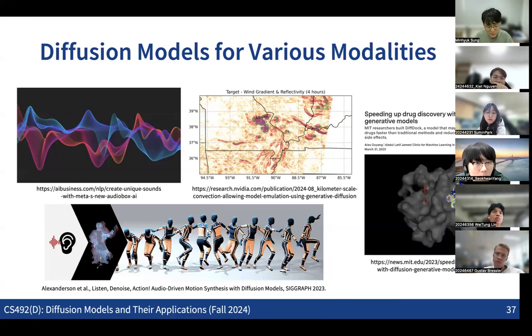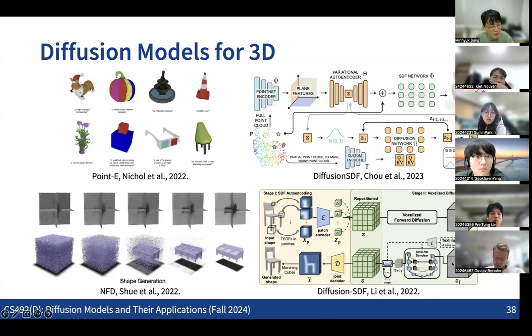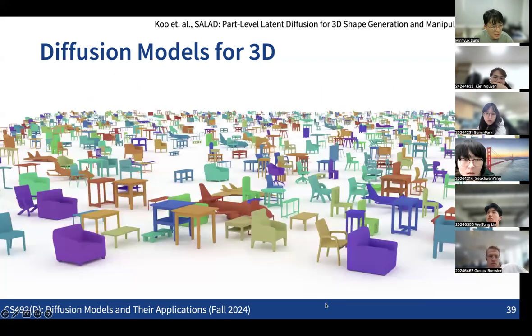What we are going to see for today is some examples of 3D generation. There have been lots of examples of applying diffusion models to 3D generation. As you can see here, there are works making point clouds, or making voxels. After a bunch of iterations of making new diffusion models, we could get quite good quality 3D outputs using diffusion models.